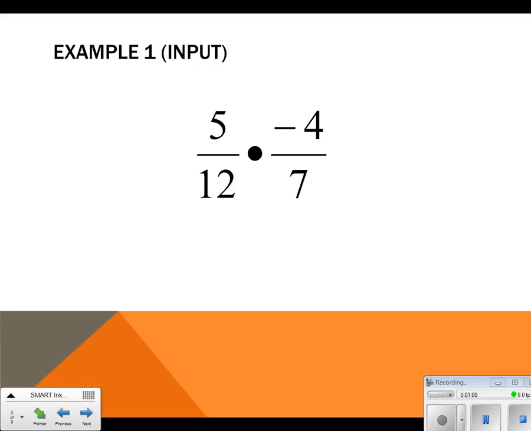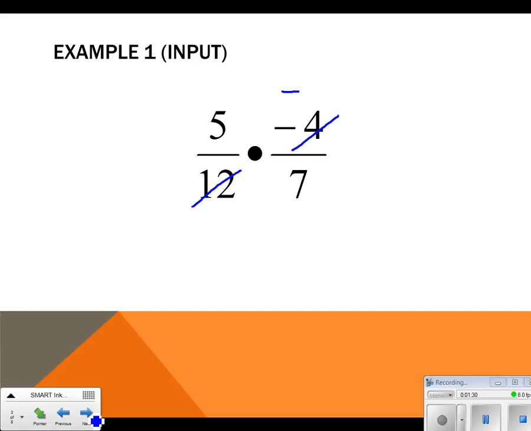Number 1 for our input for an example here. Step 1, change mixed to improper. We don't have to do that here. We don't have mixed numbers. Step 2 is only for division, and you can see we have a multiplication problem. Step 3, reduce. This is where we look at the integers, and I can see here 4 and 12 have a common factor of 4, so I'm going to reduce both the negative 4 and the 12 by 4.